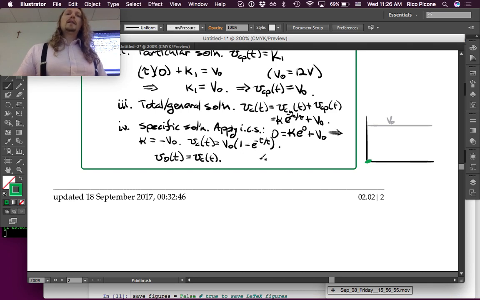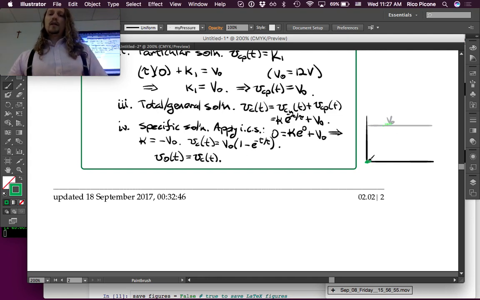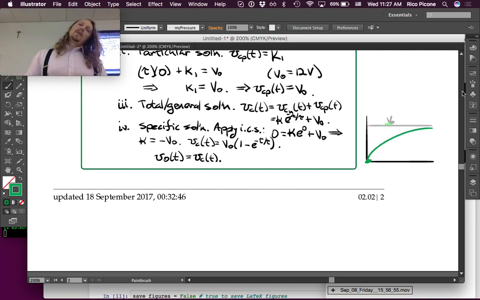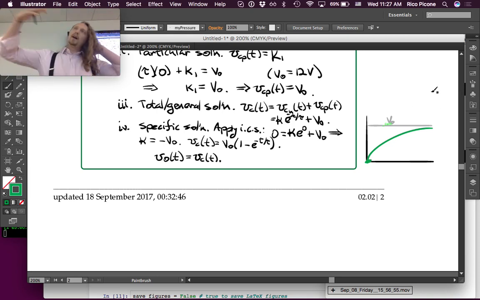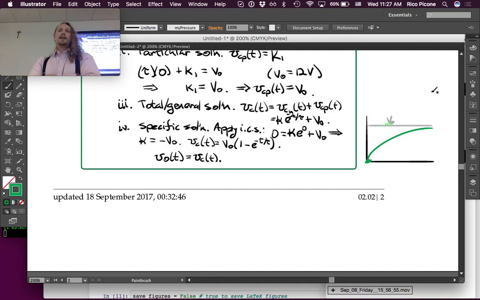So 1 minus that number that's getting smaller is going to approach 1, and we're going to be left with V0. And it does that exponentially, we see now, something like that. It gets pretty close, but does it ever reach V0? No, technically not. Well, in the limit, as time goes to infinity. But in no finite time will it reach V0.